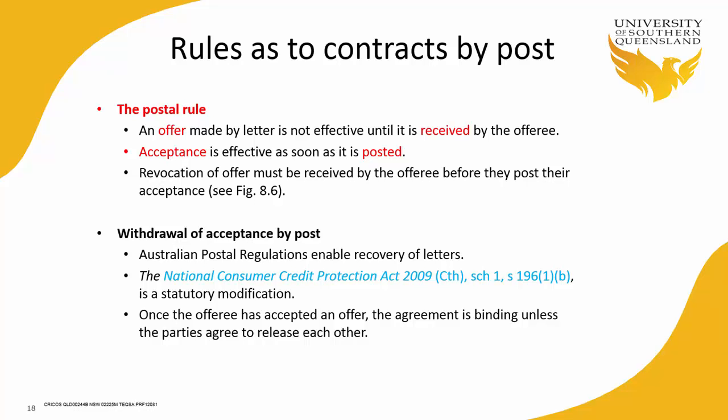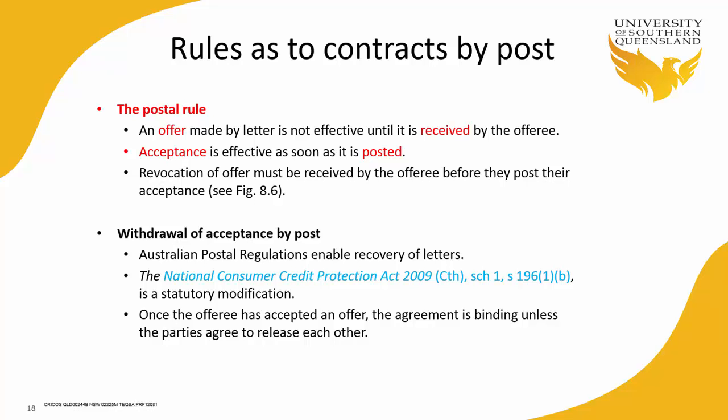So that's the point that is mentioned as well in your textbook in relation to the postal rule and withdrawal of acceptance by post. On page 234, it says the National Credit Code is a statutory modification to the General Postal Rule, Schedule 1, Section 196, Subsection 1, Paragraph B of the National Consumer Credit Protection Act of 2009.